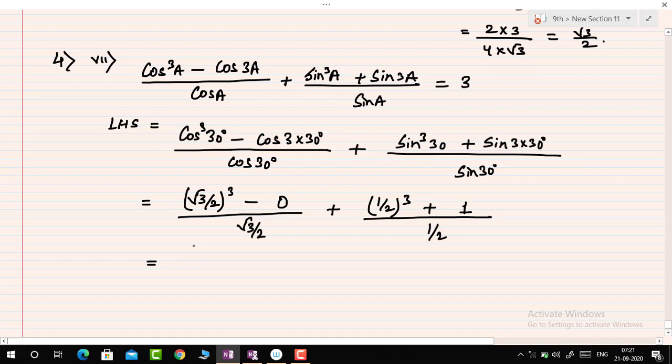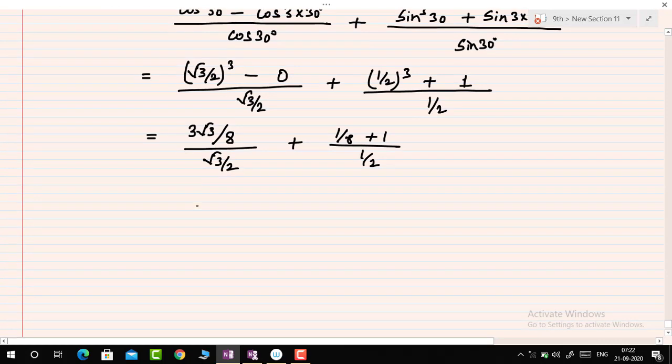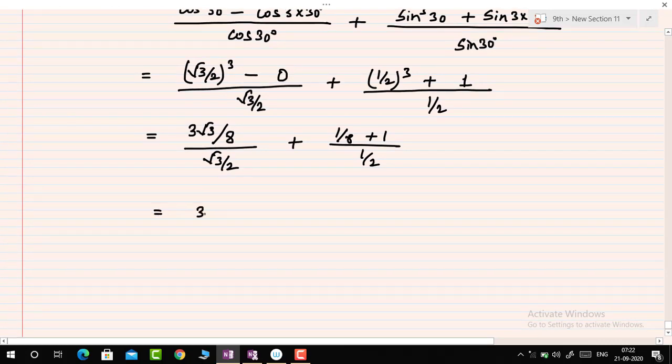Now we will solve. Root 3 cube is 3 root 3 and 2 cube is 8, whole upon root 3 upon 2 plus 1 upon 2 whole cube is 1 upon 8 plus 1 upon 1 upon 2. On further solving, 3 root 3 upon 8 multiplied by 2 upon root 3.